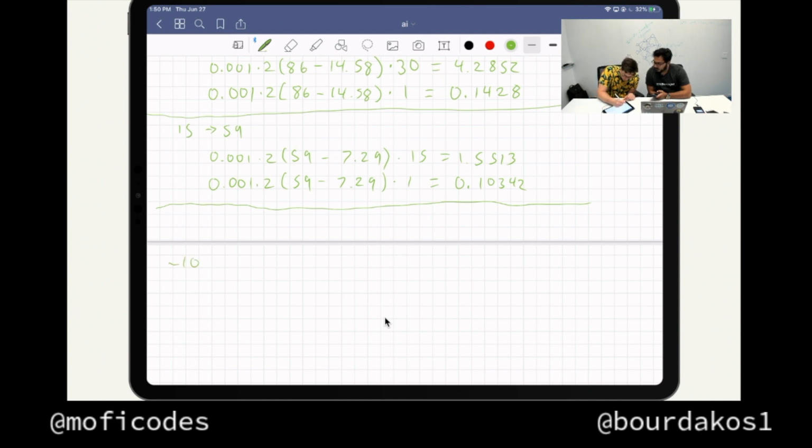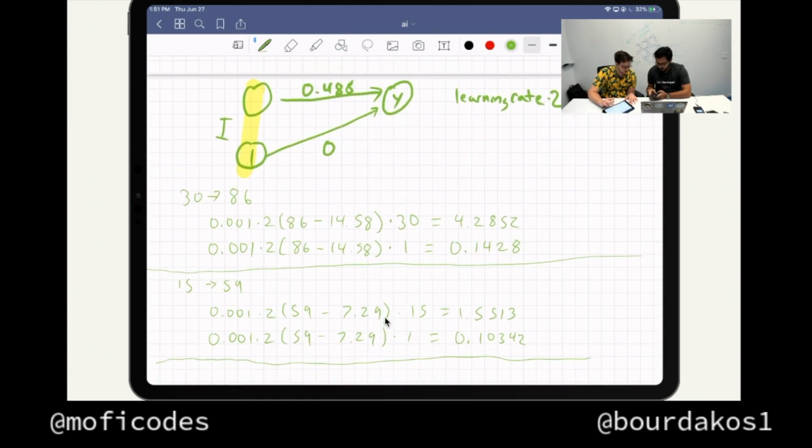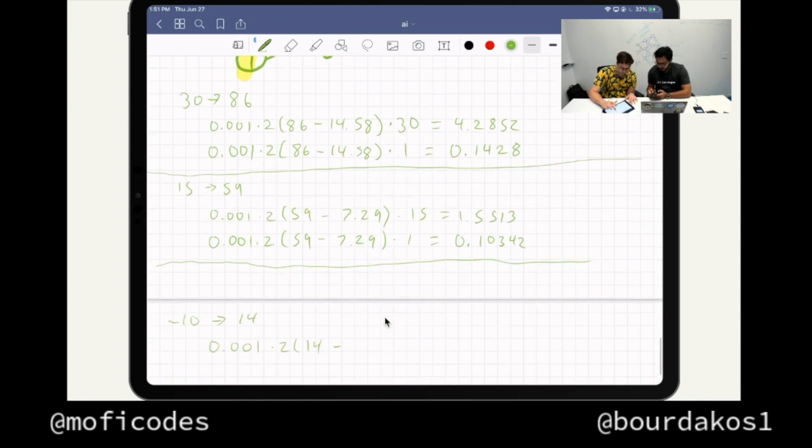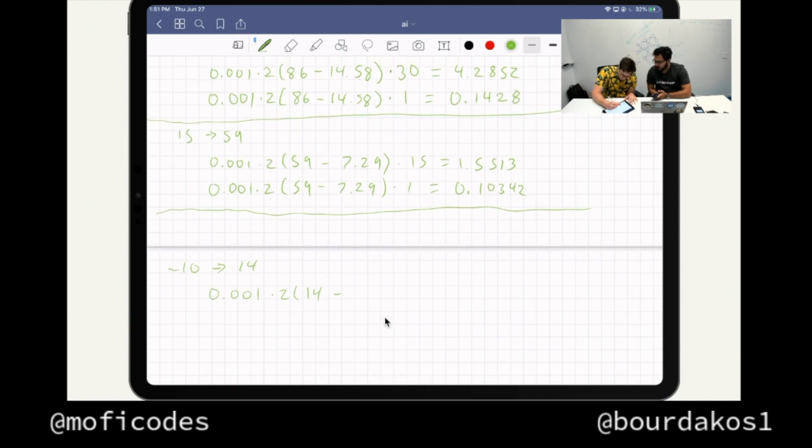So minus 10, and we're expecting 14. So again, we have 0.001 times 2 times negative 10. No, I think it's output, so 14. Oh my god. Thank you. It's good that there's 2 of us here. Yeah, so 14 minus 0.486 times negative 10, so negative 4.86.